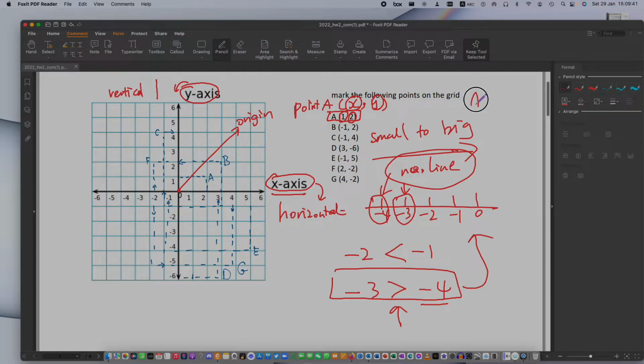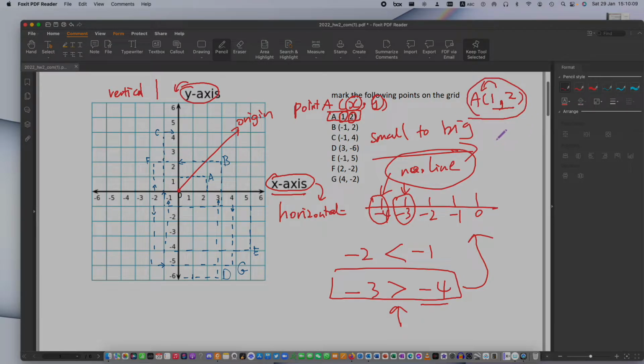Can you write it like this? No. Why? Because this one is 12. Can you write it like this? No. This is 1.2. The only correct way to represent a point in a Cartesian coordinate system is 1, 2.